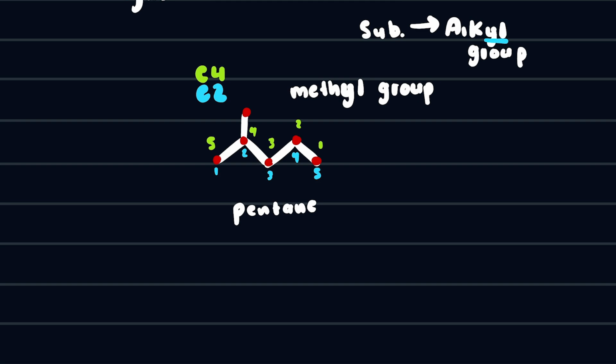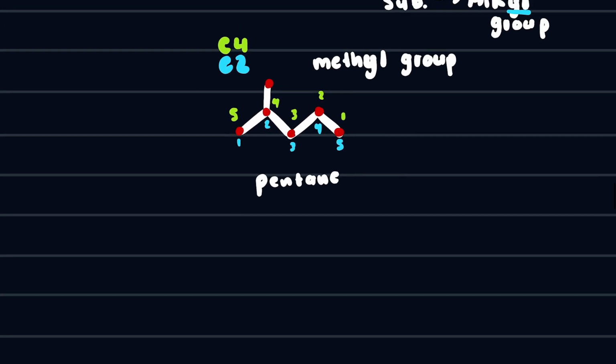You will always choose the numbering that gives the substituent the lowest number. So, great. Now we know that it's placed on carbon 2.